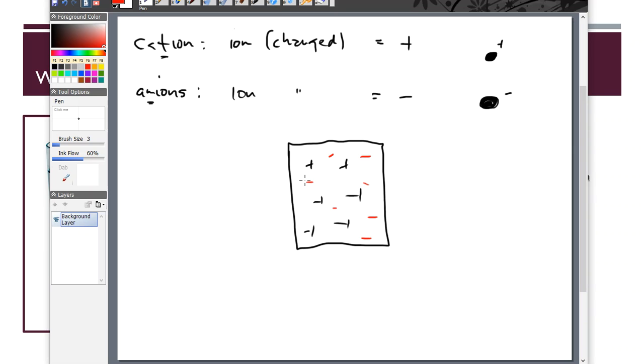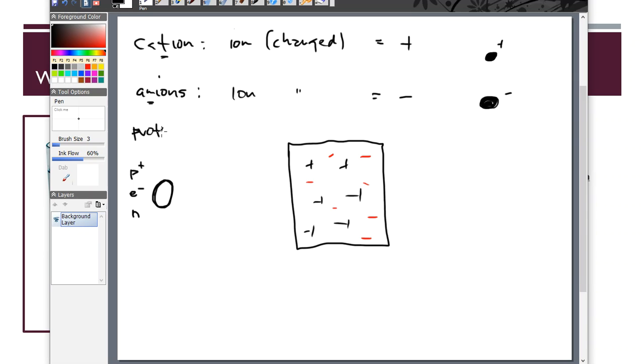So within this particular world, let's talk about how cations and anions get formed first. In order for something to be a cation, folks, here is the atom, and the atom has a certain amount of protons and a certain amount of electrons and a certain amount of neutrons. And protons carry a positive charge, electrons carry a negative charge, and neutrons, of course, are neutral.